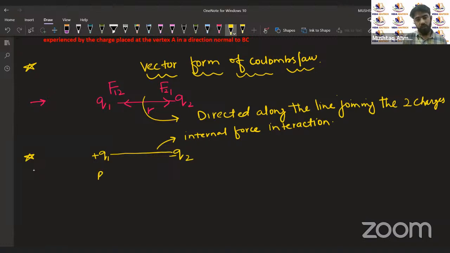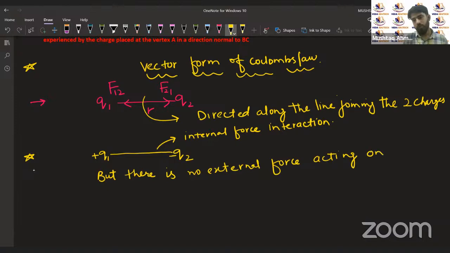But there is no external force acting on charge Q1 and Q2.